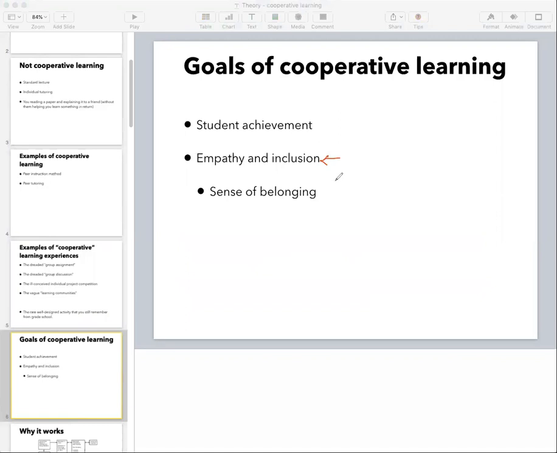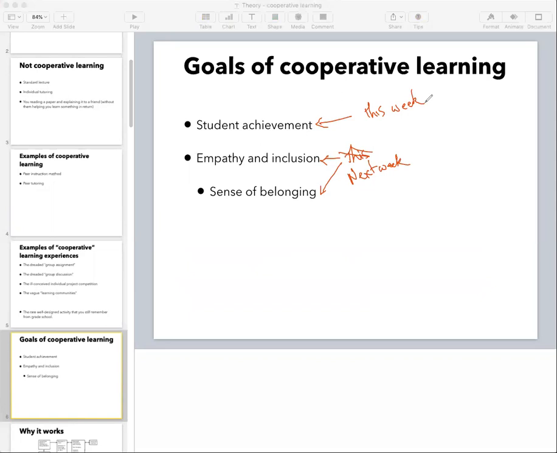One particular method, which is called the jigsaw method, talks about both inclusion and students' sense of belonging in the classroom. And we'll discuss that not this week, next week. This week, we are focused on student achievement.